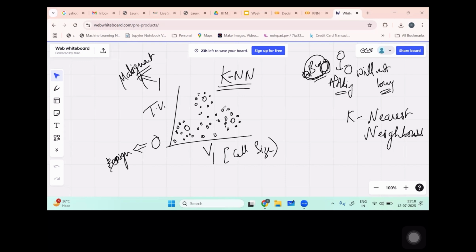So randomly what happens is we try to pick any observation. The model tries to pick any observation. Let's say this is one observation which is randomly selected. This is another observation which is randomly selected. This is another observation which is randomly selected. What happens is we then try to calculate the distance with respect to all these objects.